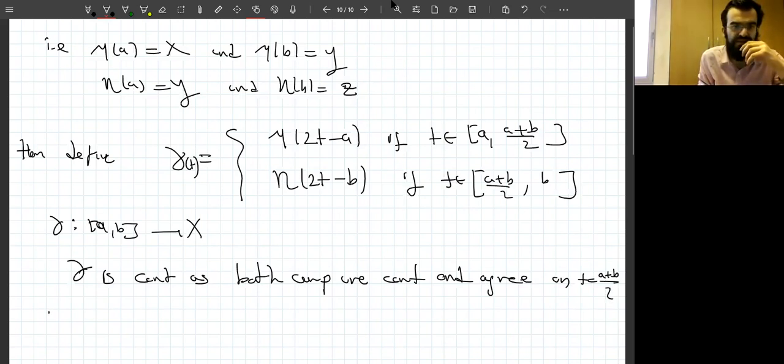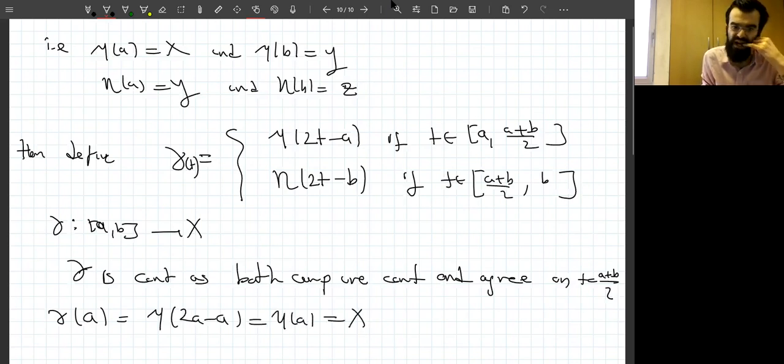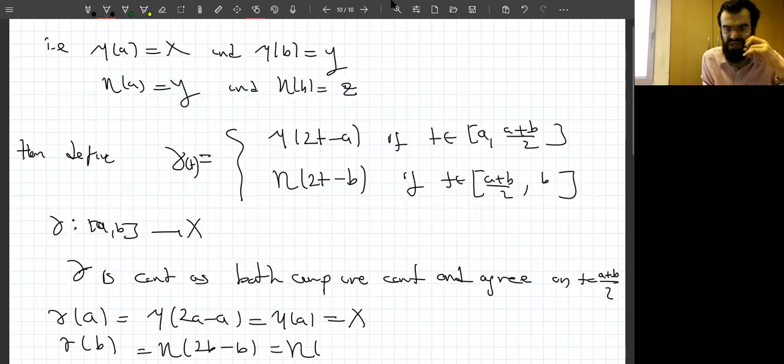And rho a is what? Rho a is gamma 2a minus a, which is gamma a, is x. Rho b is nu 2b minus b, which is nu b.